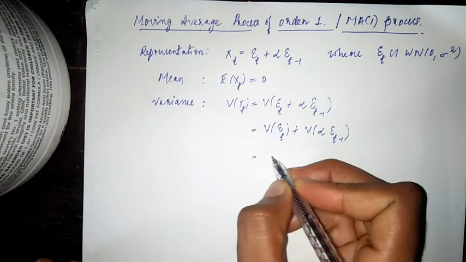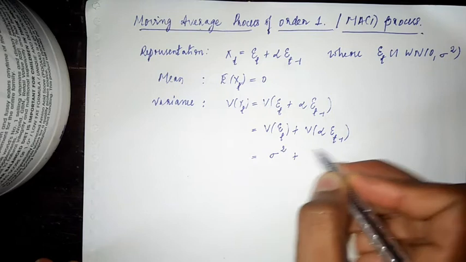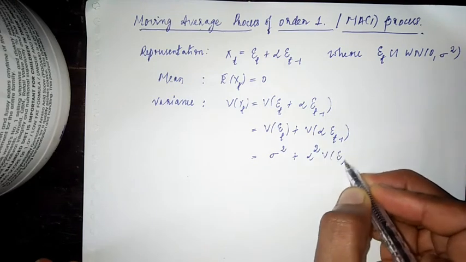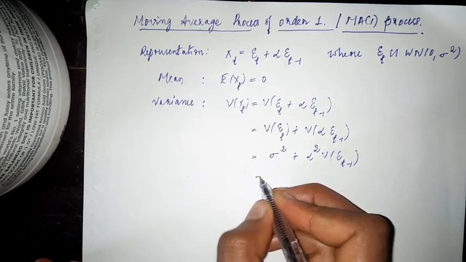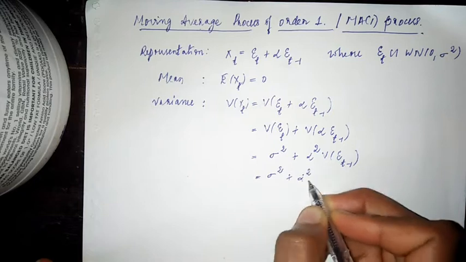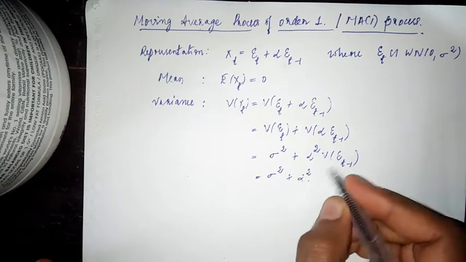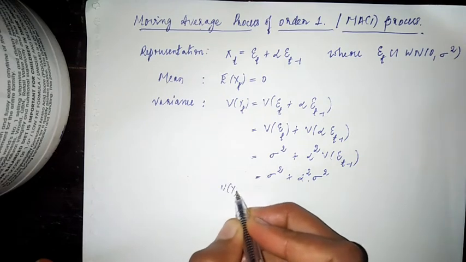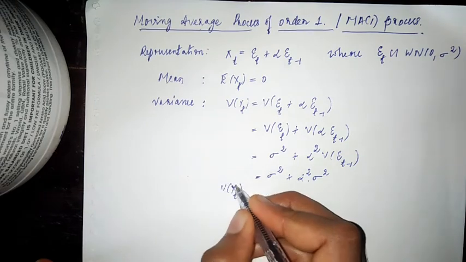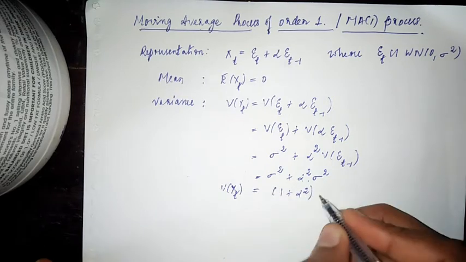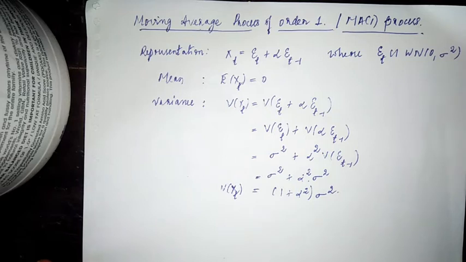What is the variance of epsilon_t? It is sigma square. If I take alpha outside, it becomes alpha square times the variance of epsilon_{t-1}, which is sigma square. So the variance of x_t is (1 plus alpha square) sigma square.